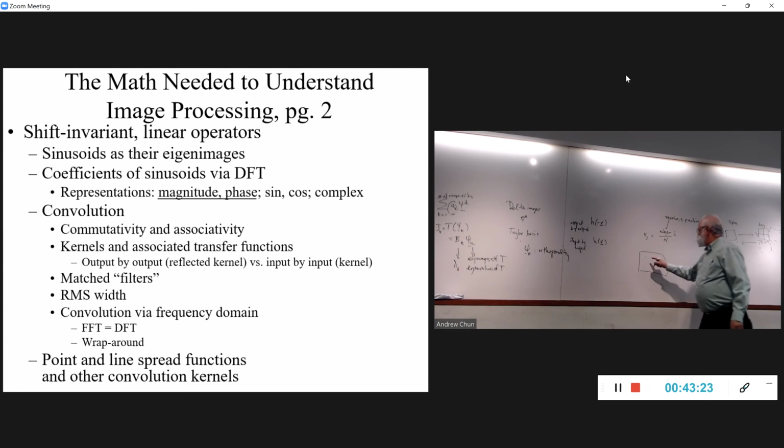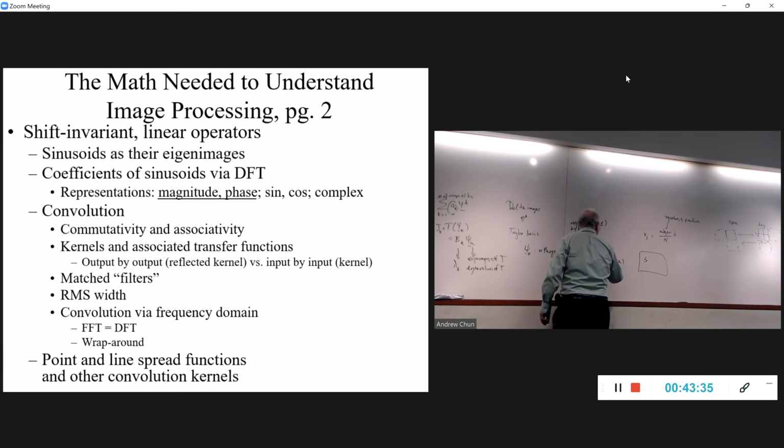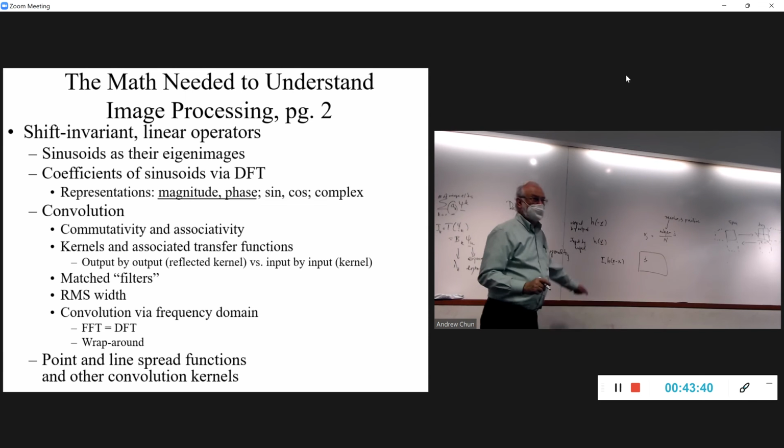And the answer is whatever the intensity is here, it gets multiplied by h of x minus, if this place is x0, it gets replaced by h of x minus x0 times I0, that value at x0.